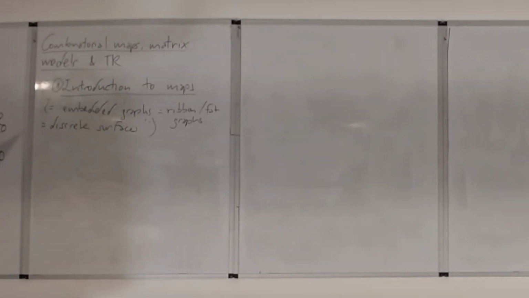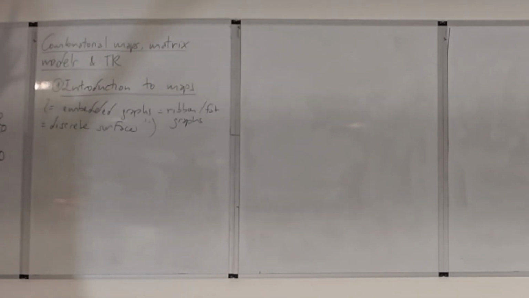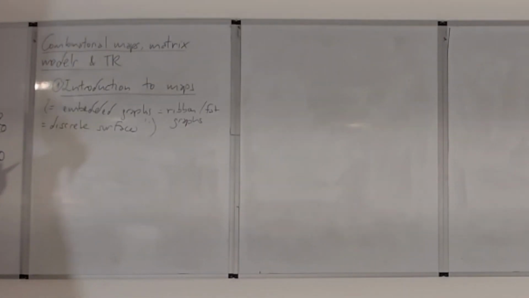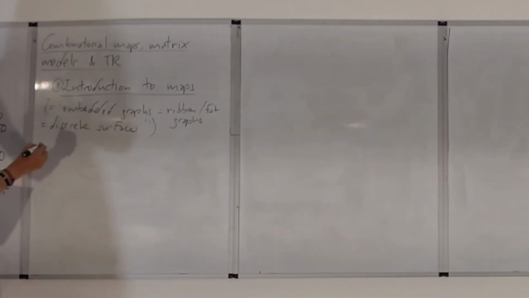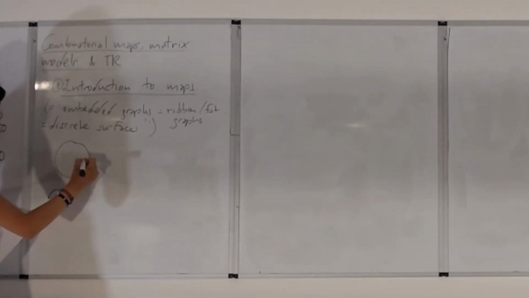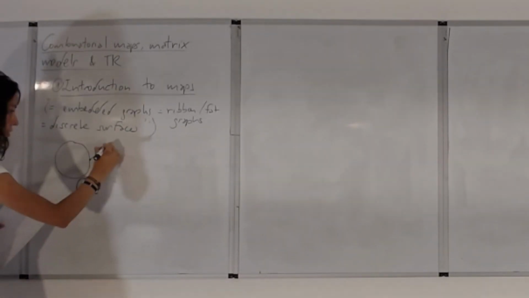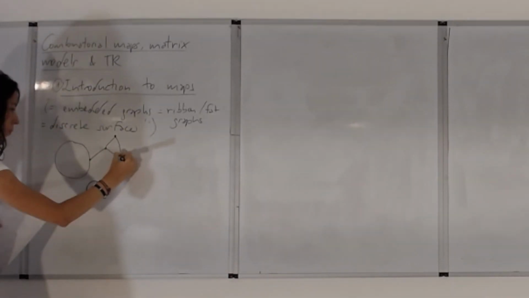So these embedded graphs, intuitively they are just graphs drawn on a surface. And the fact that they are embedded on a surface is very important, because we can have, for example, these two graphs embedded on the whiteboard, so on the sphere projected on the plane, but you should just imagine it as the sphere.